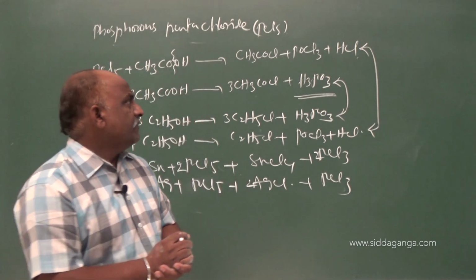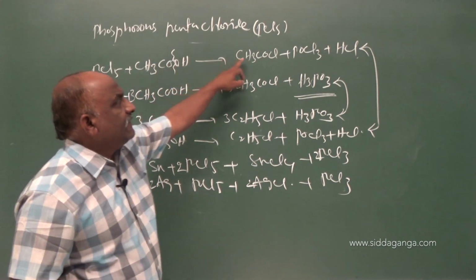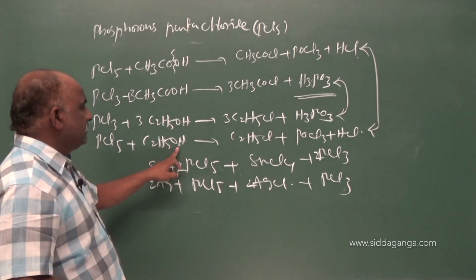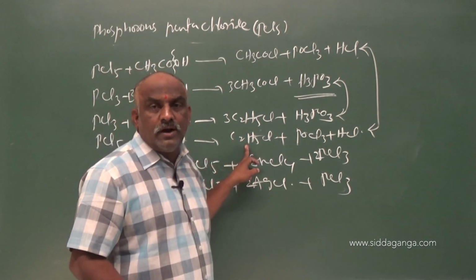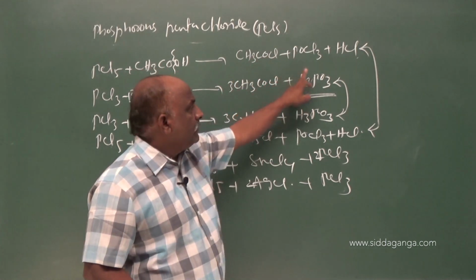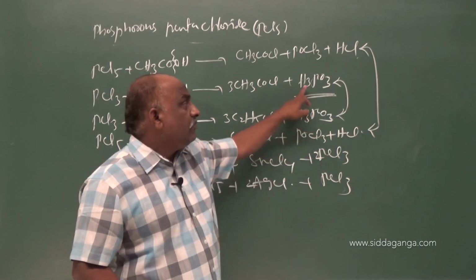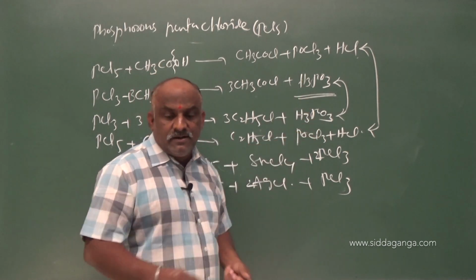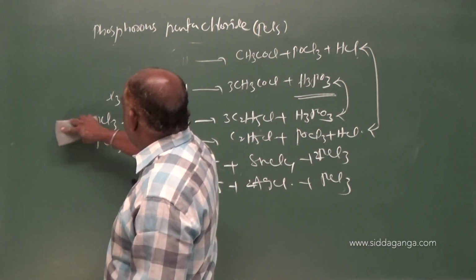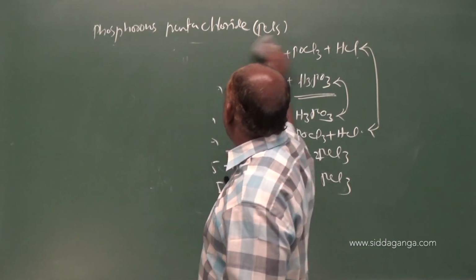Before the discussion of shape, revise these reactions: PCl5 plus acetic acid gives acetyl chloride; PCl5 plus ethyl alcohol gives ethyl chloride; phosphoryl chloride; and phosphorus acid, not phosphoric acid, phosphorus acid. Clear it is. Next is the discussion regarding the structure of phosphorus pentachloride.